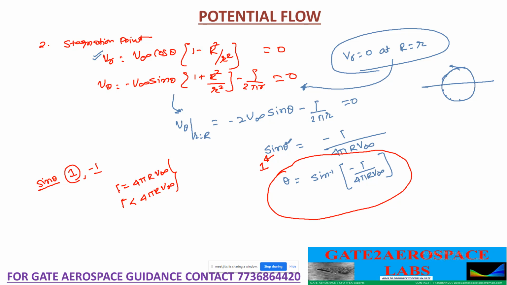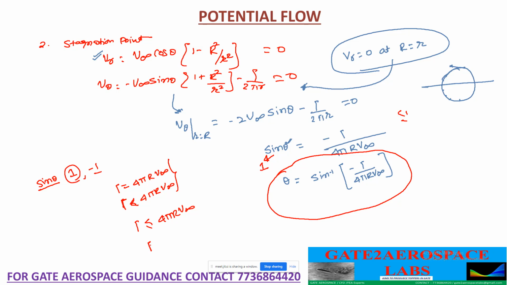Either my strength of vortex should be equal to 4 pi r V infinity, which is the maximum value, or it should be less than 4 pi r V infinity, in which case the value of sine theta will be less than 1. You cannot have a value greater than 1. You cannot write sine theta equals 2, that is totally illogical. Sine theta lies between minus 1 and 1. That means the value of tau will always be less than or equal to 4 pi r V infinity.